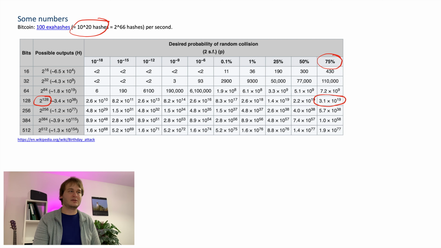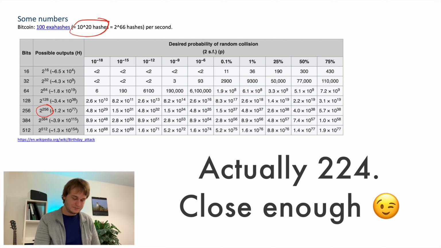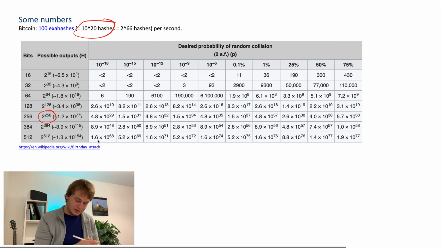So if we then take a look at SHA-2, for example, which has several levels of security, a 256-bit output is the lowest level of SHA-2, as far as I know. And there we're looking at way larger numbers. So if I want to have a chance of at least 0.1%, then I would have to do 10 to the 37 operations.